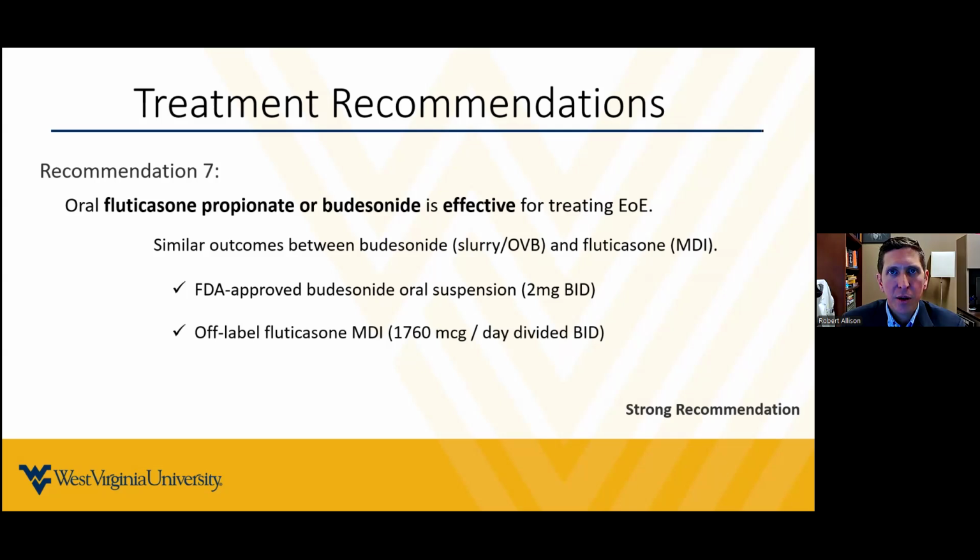And sometimes those metered dose inhalers only get 100 to 500 micrograms at most. So people are doing a lot of puffs swallowed twice a day, which can get pretty tricky. So I think when you're looking at this, it might be worth pursuing the FDA oral budesonide suspension rather than that off-label fluticasone MDI.